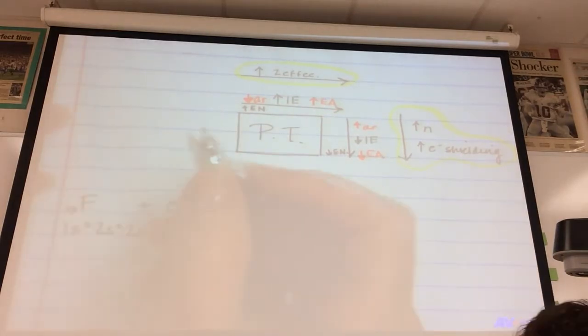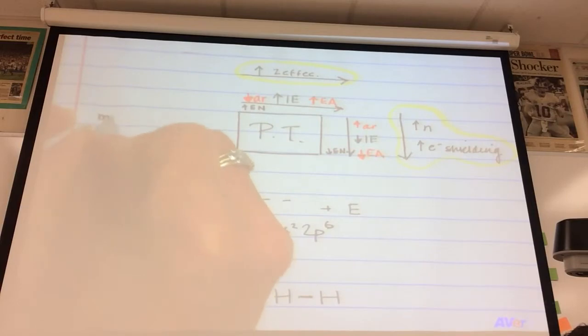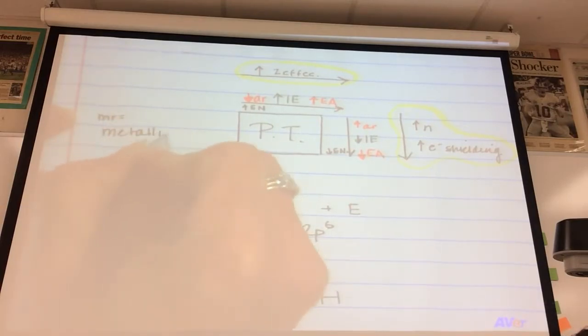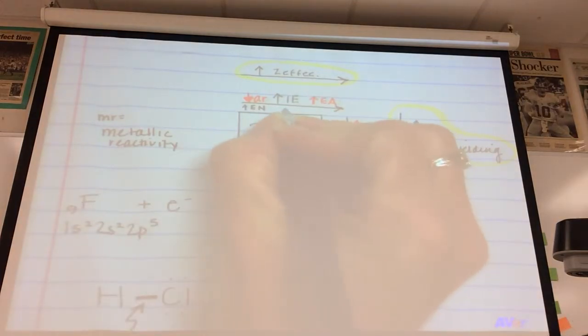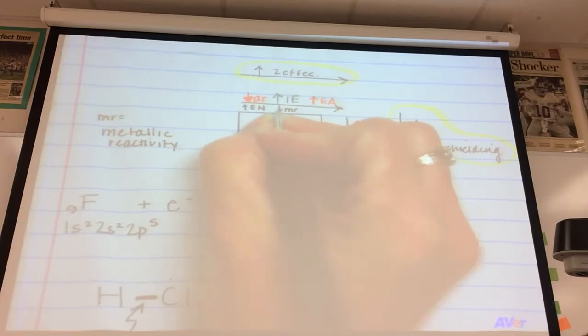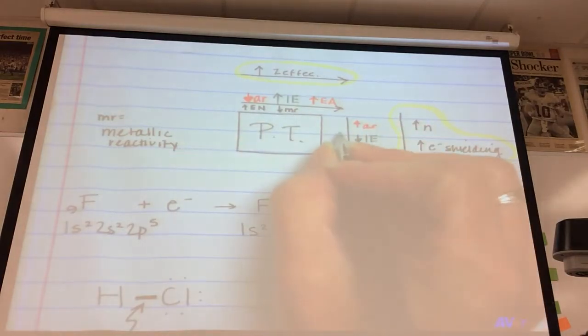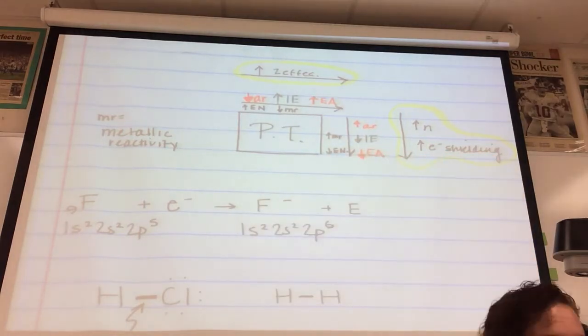Let's say MR for metallic reactivity. And as you go across a period, what happens to the metallic reactivity? Decreases. As you go down a group, it increases. You've got it. And there are all your trends.